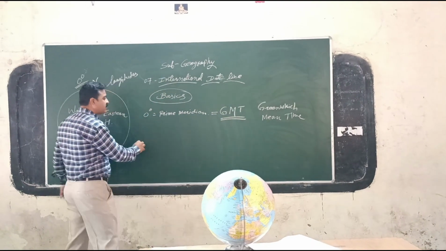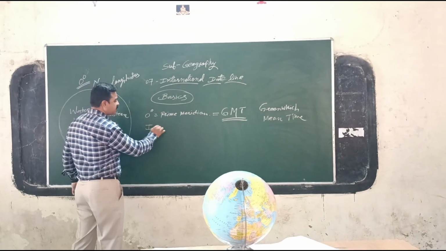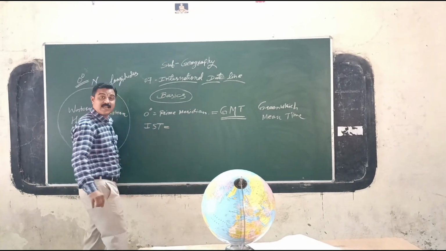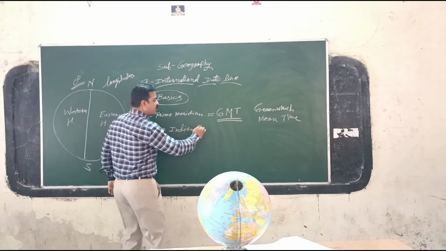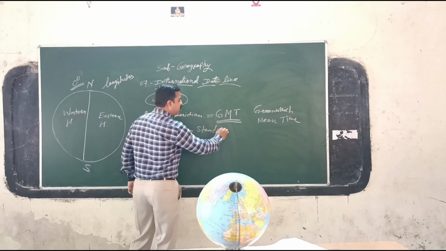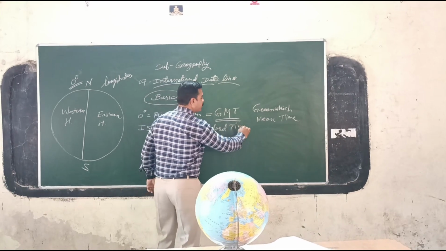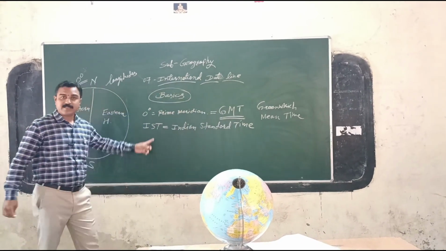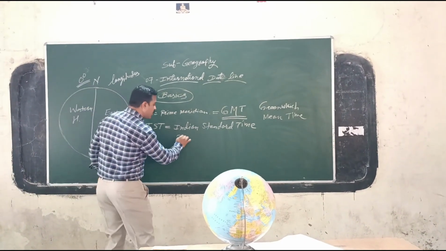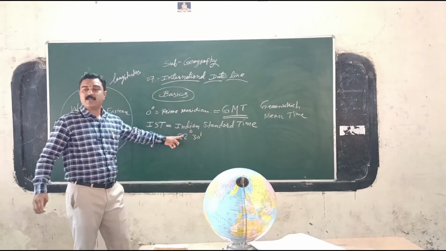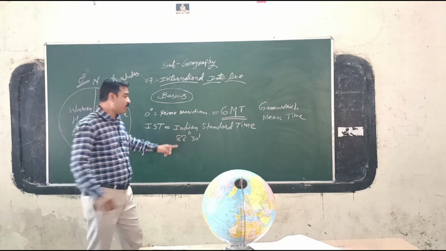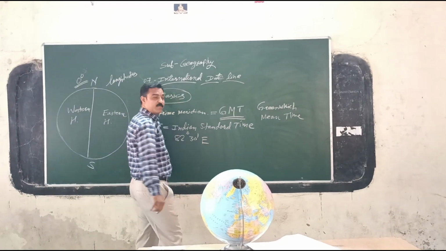Now, another concept is IST. What is IST? IST means Indian Standard Time, and this is taken from 82.5 degree. This is in the Eastern Hemisphere.